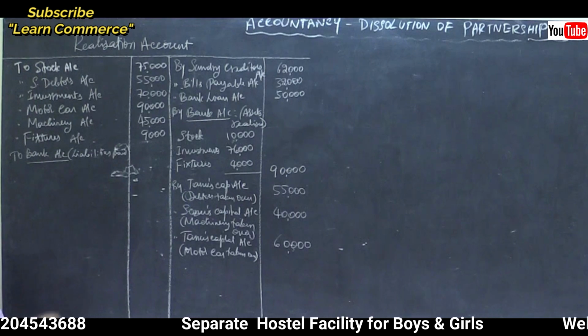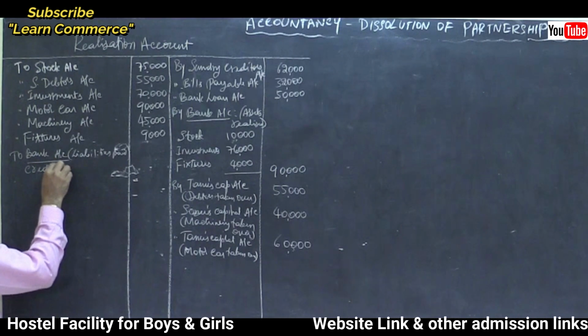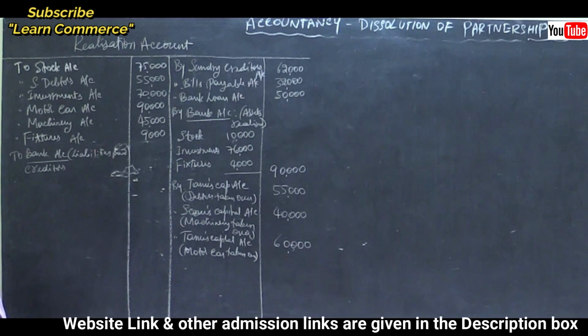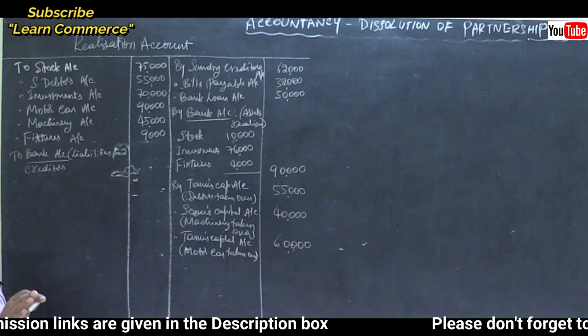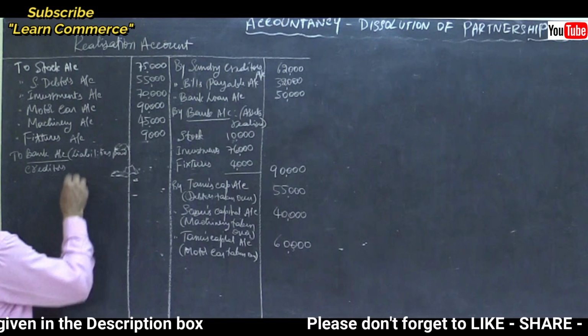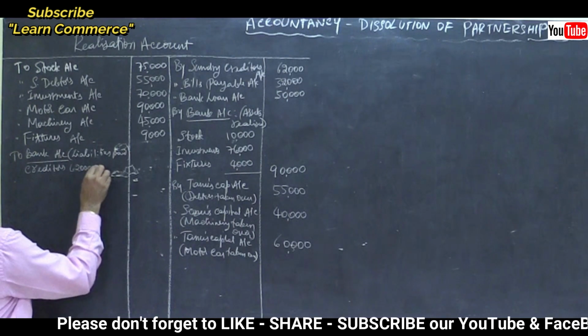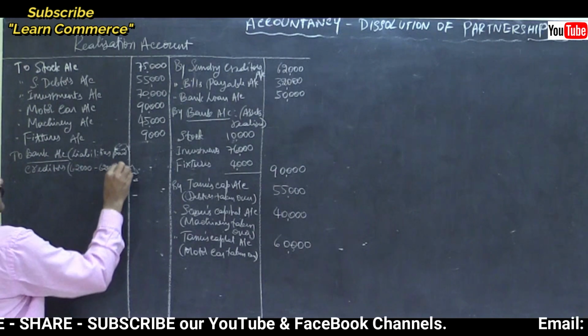Creditors. How much have we paid? Don't enter the amount because we cannot pass any entries for creditors. So it is nil. 62,000 minus 62,000, nil.